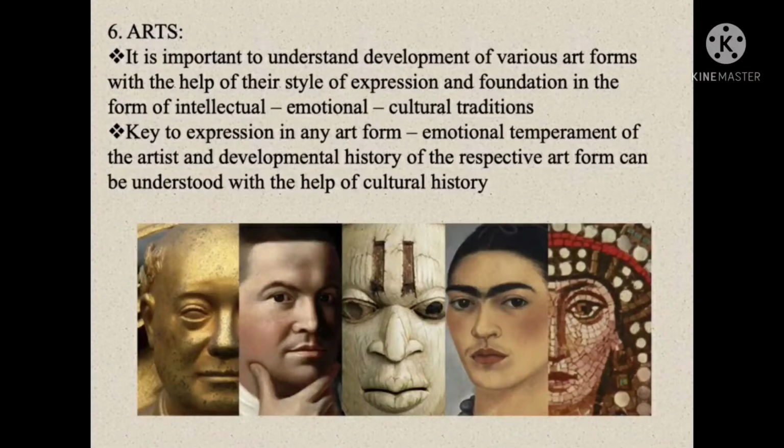But next we can talk about painting also. Now, suppose, children, if we see a painting, we will see that there is a great difference between the paintings that were done many years ago, that is ancient paintings, and modern paintings.